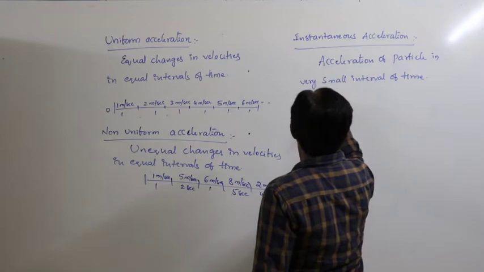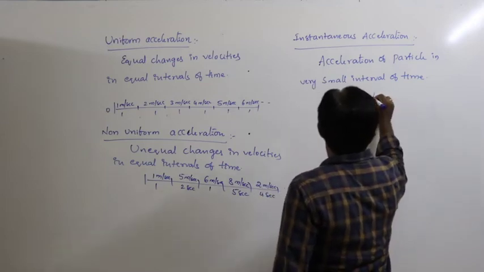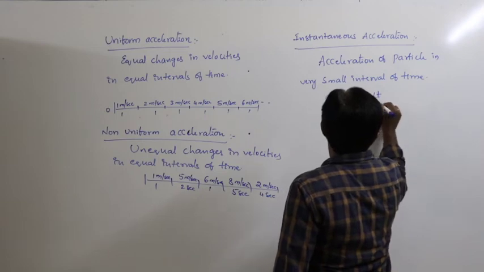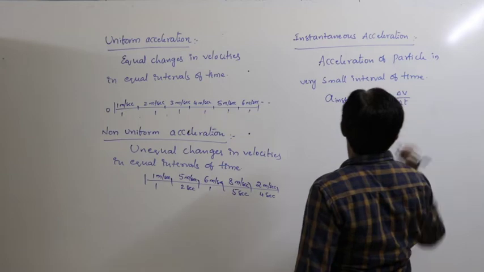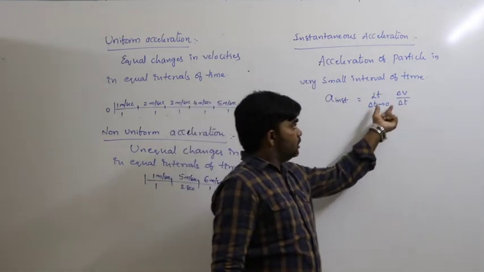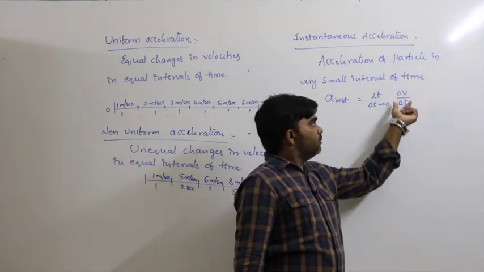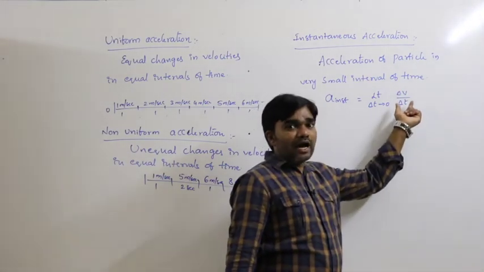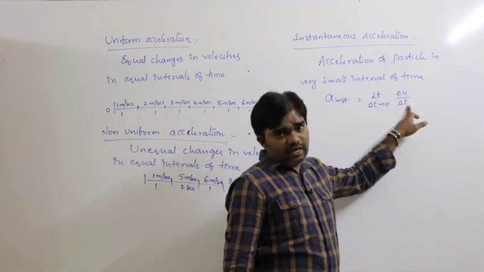That means instantaneous acceleration is the limit as delta t tends to 0 of delta v by delta t. Here delta v by delta t is the average acceleration.